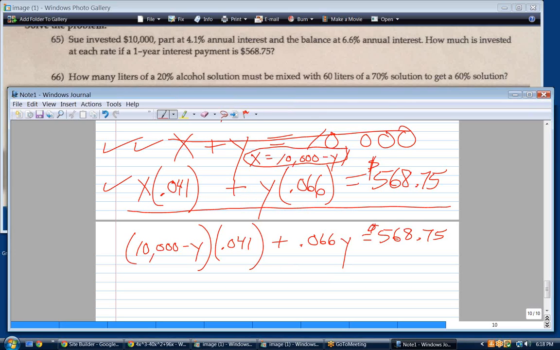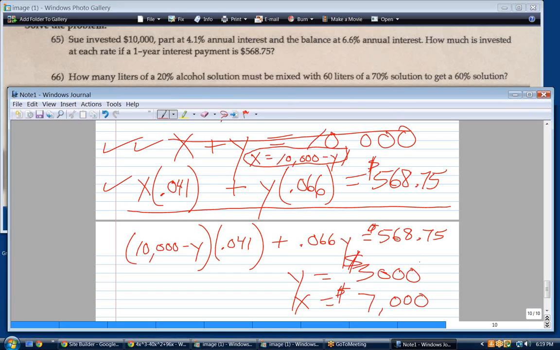Okay, so once we get a solution for y, let's say y comes out to be $3,000. What's x? 7,000. $7,000, because x and y had to add to 10,000.